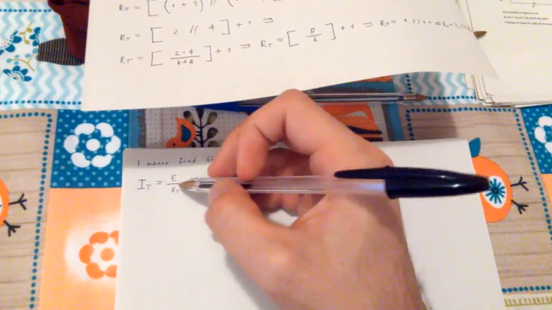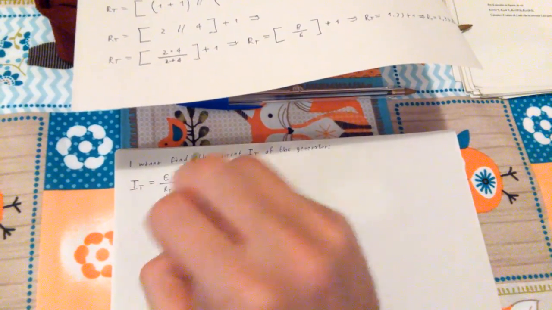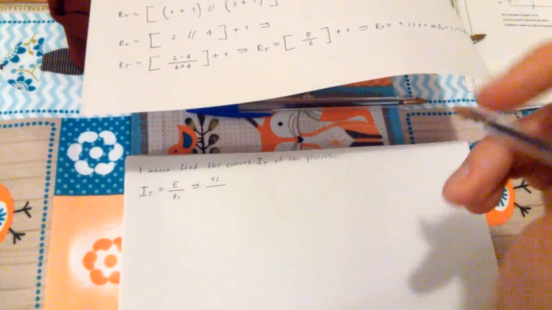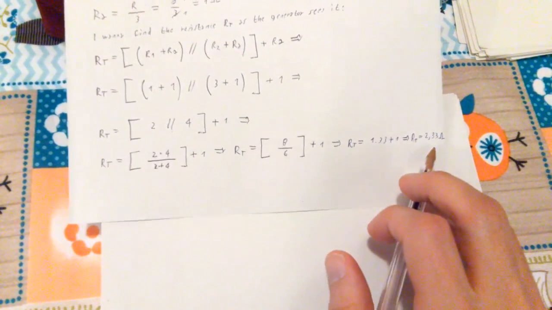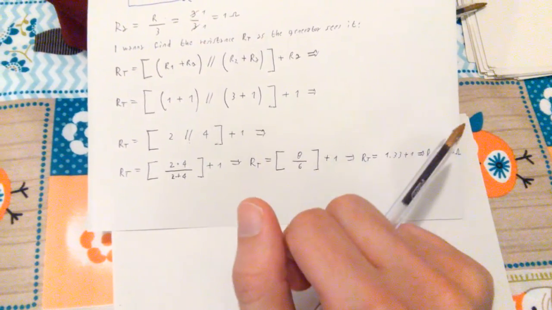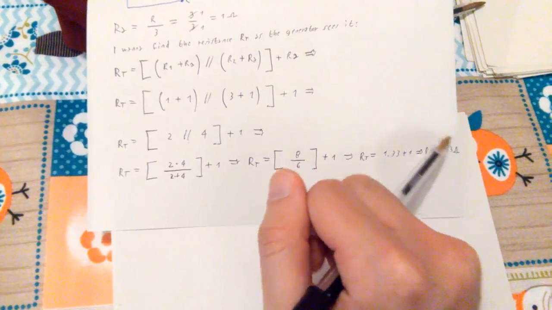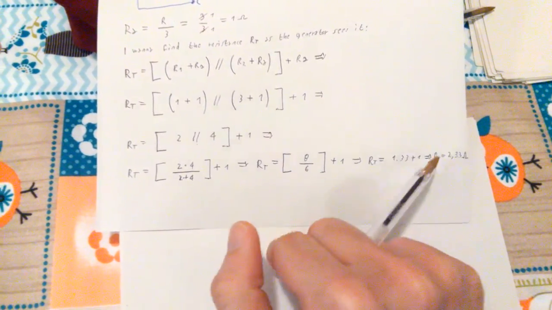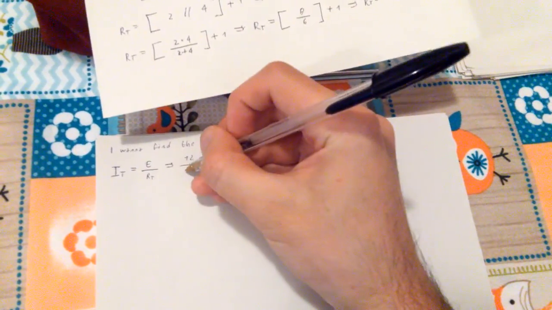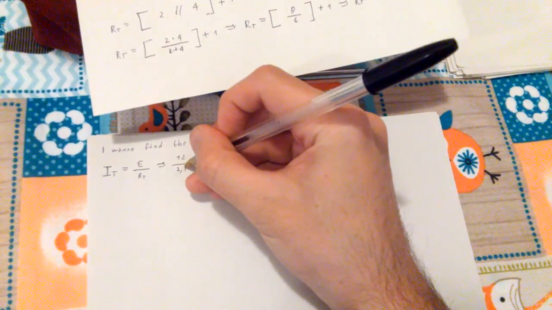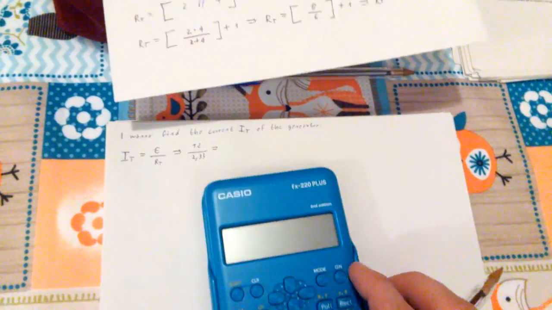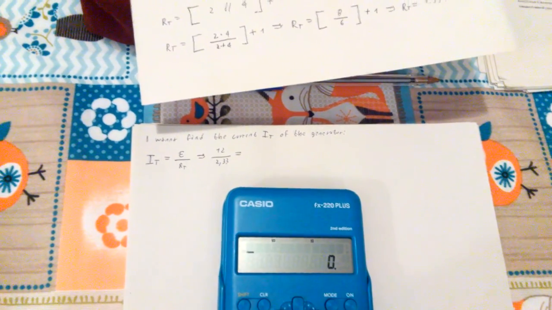So basically, the I total is the value of our generator, so 12 volts, over the total resistance, which we have just found is 2.33. And for the mathematicians among you, yeah, we do approximate numbers. Sorry about that. So basically over 2.33. And I'm just going to use the calculator because I'm lazy and I cannot do this calc.